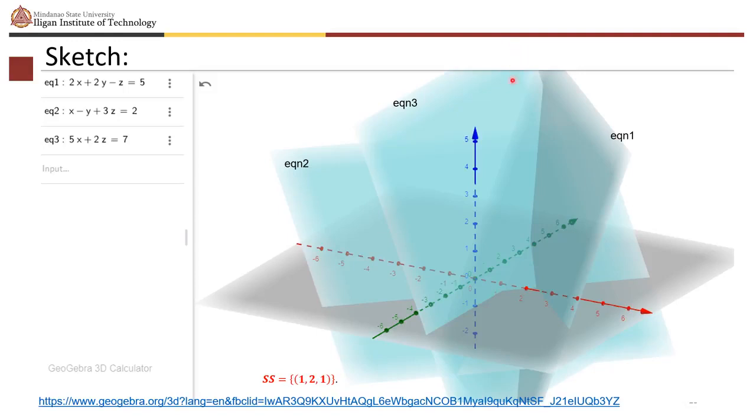And this plane is the equation 3. This plane is equal to equation 1. So our solution set earlier was (1, 2, 1). If you take a look, you now have your x is equal to 1. Then move 2 units to your positive y, and then 1 unit to your z. So this is our point of intersection, this corner here.